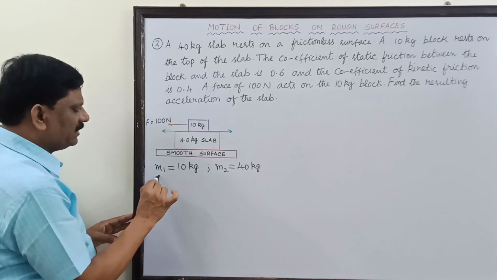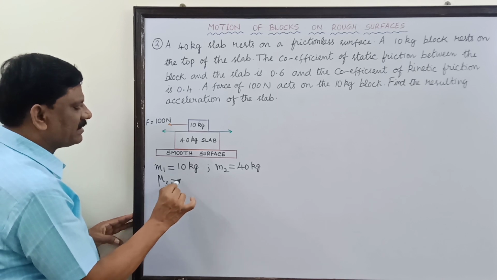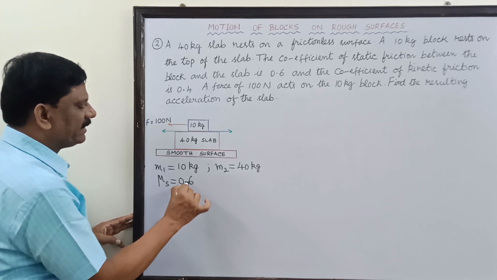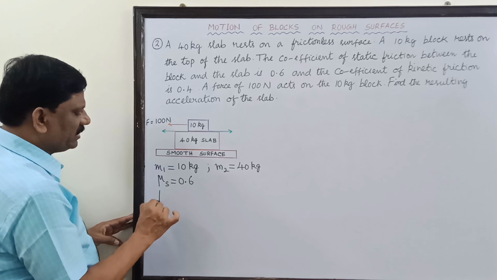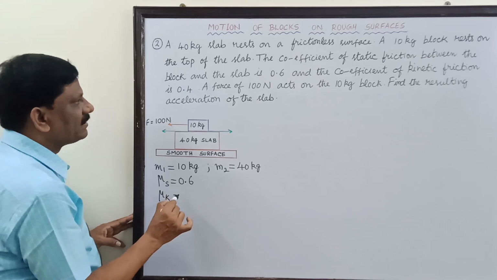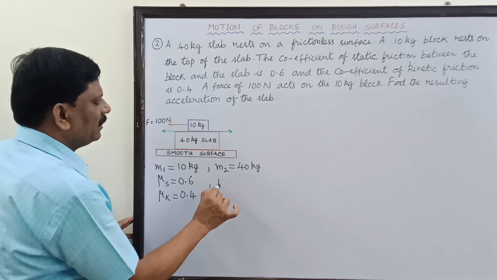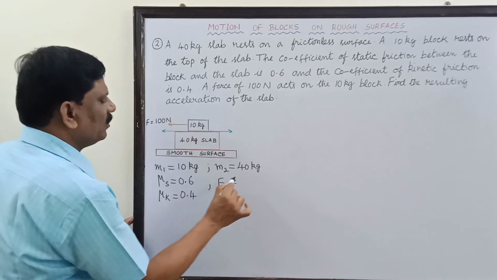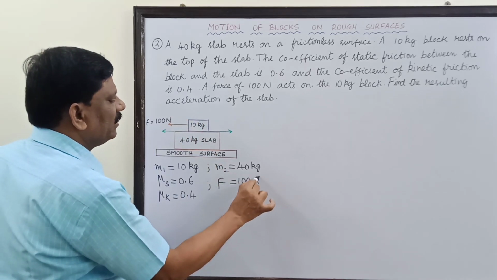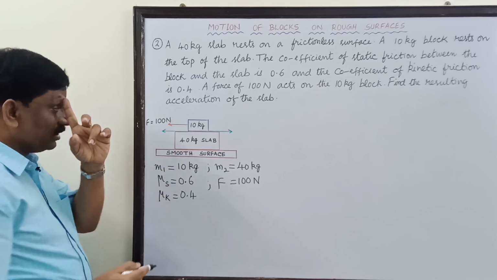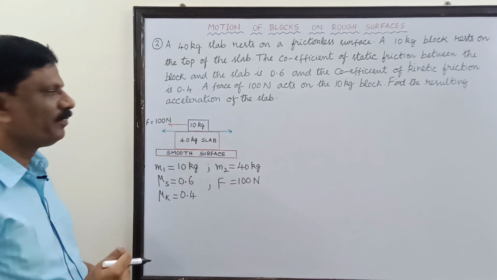The coefficient of static friction is given as 0.6 and the coefficient of kinetic friction is given as 0.4. The applied force is equal to 100 Newton. We have to find out the acceleration of the slab.